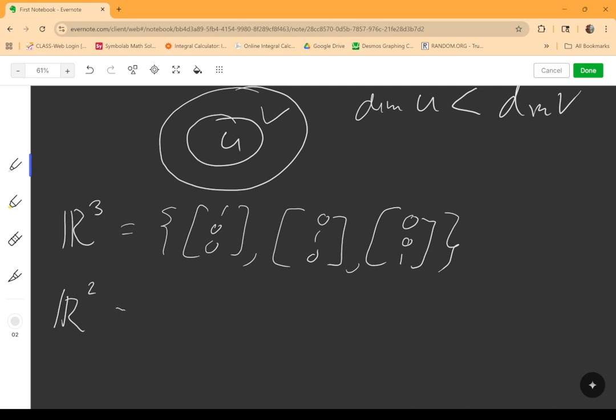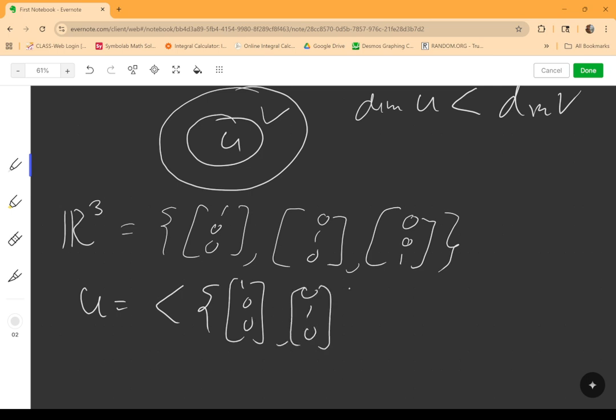Let's call this U, to be the span of simply the vectors 1, 0, 0 and 0, 1, 0. We can think of this like the xy plane in three-dimensional space. So a subspace here has dimension 2, and we see it's strictly less than the bigger space that it lives in.